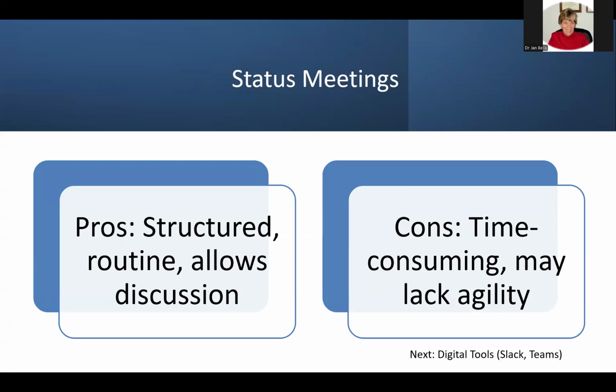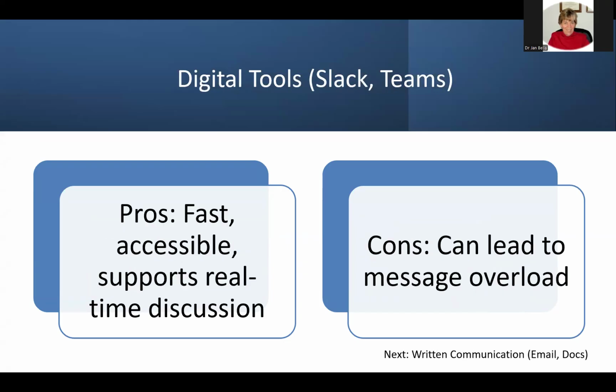Meetings provide a rhythm for updates, but can become repetitive if not well facilitated. They're best used for progress checks and planning. Digital tools. Digital tools offer immediacy and flexibility, but must be managed to avoid interruptions and scattered information.